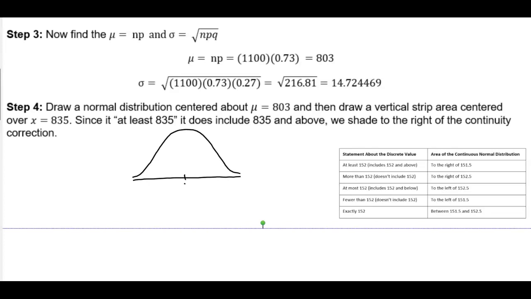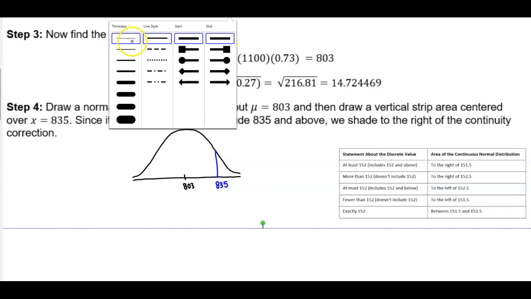We know the mean is 803. And the value that we want to draw here is 835, which is to the right of that value.